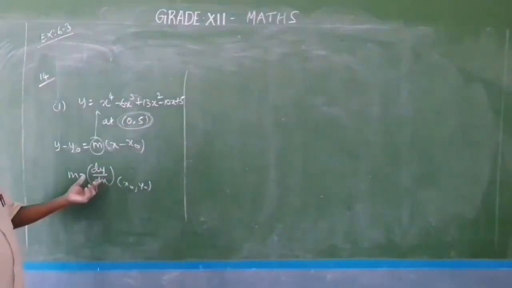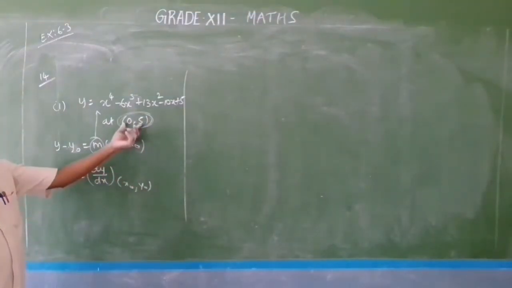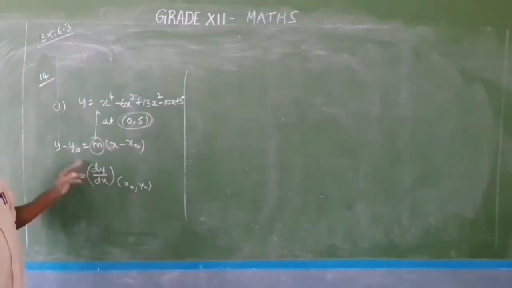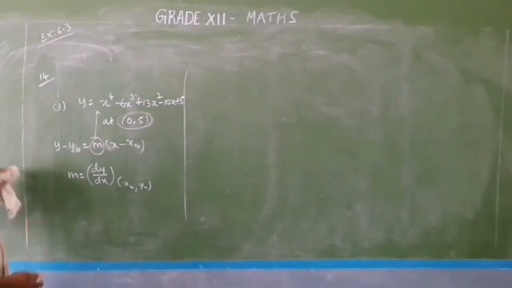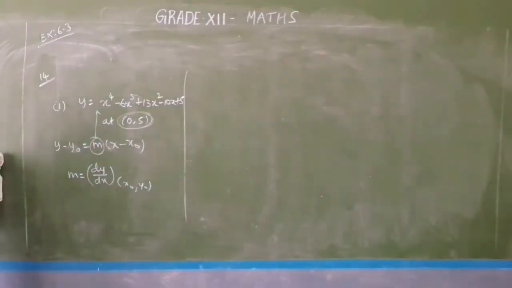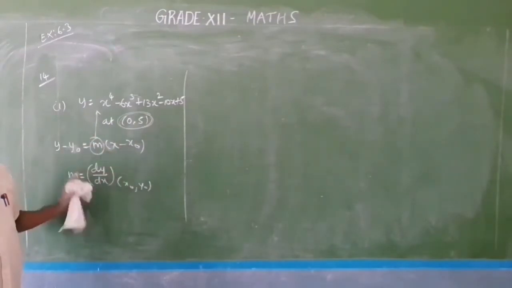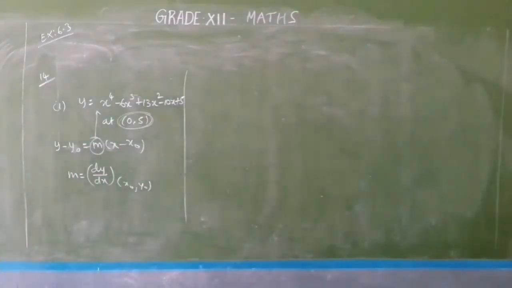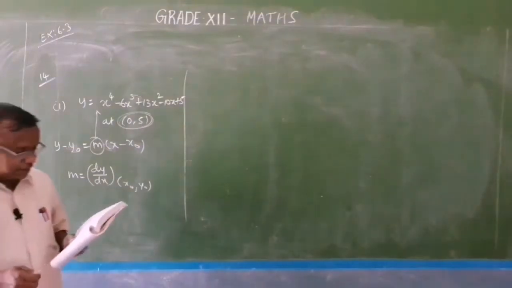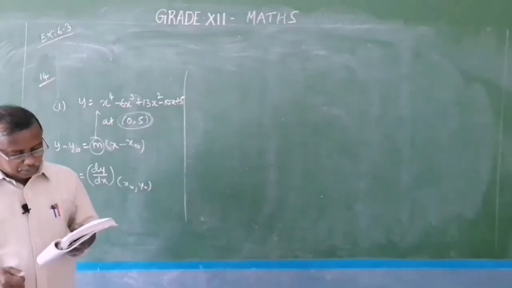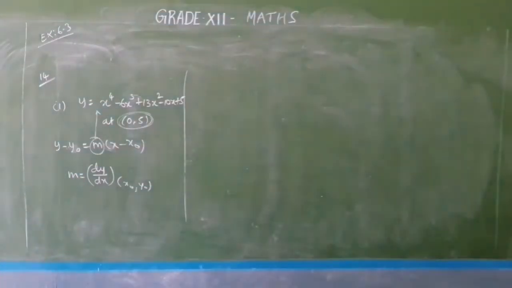Now find the slope at the point and substitute, taking the point 0 comma 5 as x naught comma y naught. Substituting these three values we can obtain the equation of the tangent, and minus 1 by m is the slope of the normal. So in the same equation, instead of m, substituting minus 1 by m, we will get the equation of the normal. So you can easily solve 1, 2, 3, 4 by this method, and the fifth one is given in parametric form. So let me solve that problem.